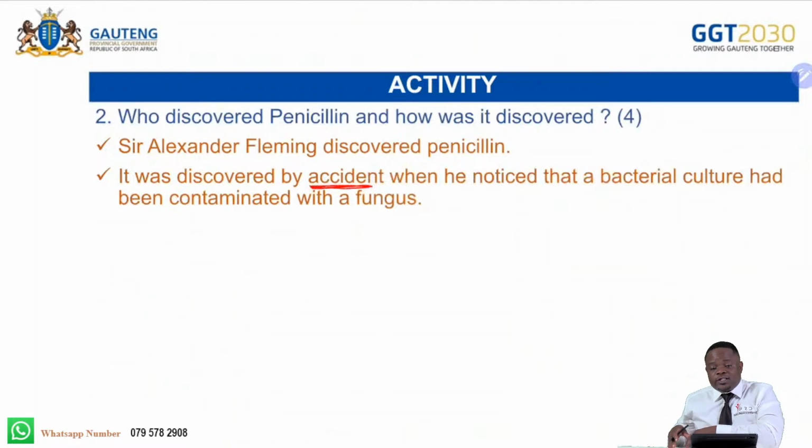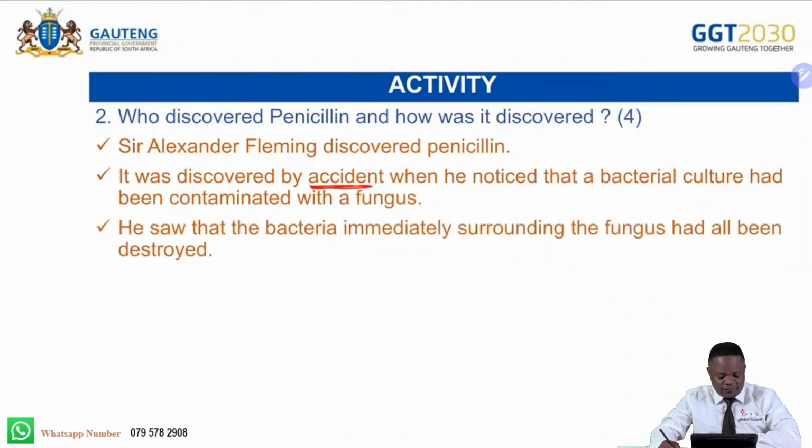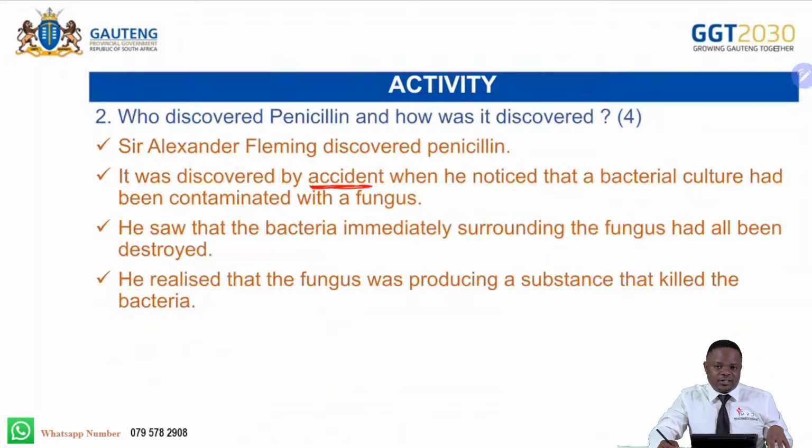Remember, when he was studying his bacterial culture, he realized that it was now infected with the fungus. Okay, it was contaminated with the fungus. And then he realized that the bacteria that was surrounding the fungus had been destroyed. And from that, he knew that that fungus produced chemicals that actually destroyed the bacteria.